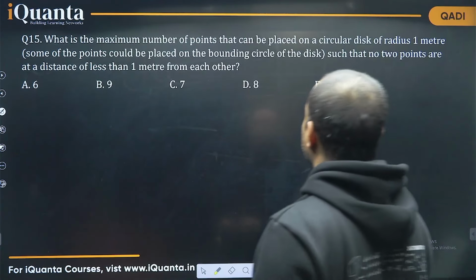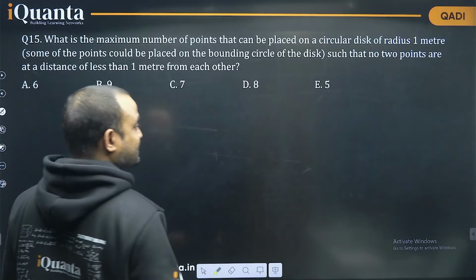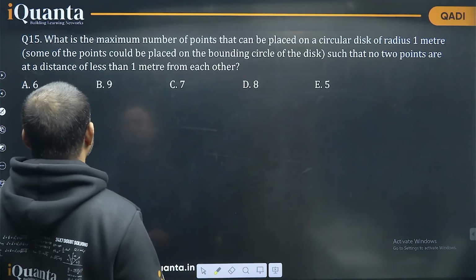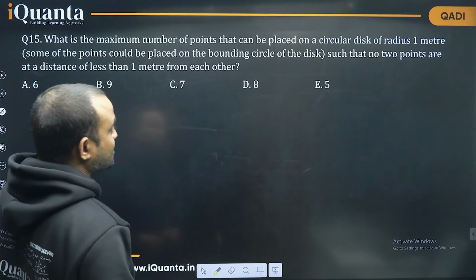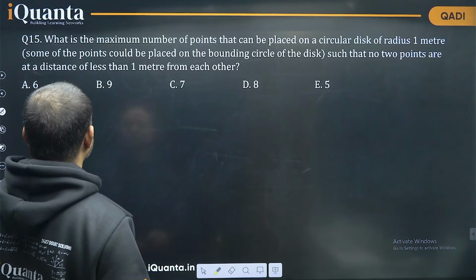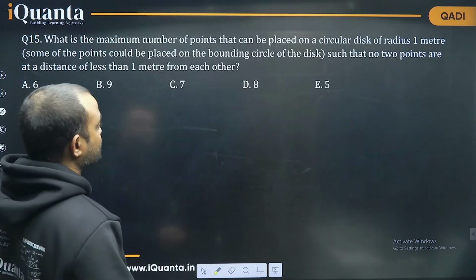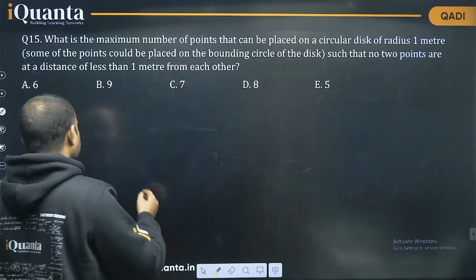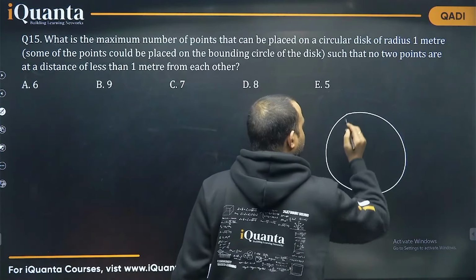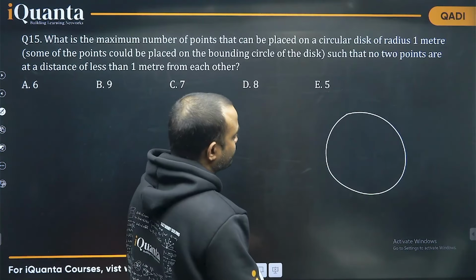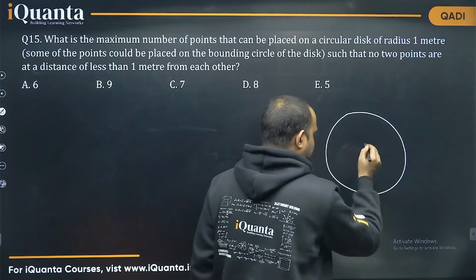What is the maximum number of points that can be placed on a circular disk of radius 1 meter? Some of the points could be placed on the bounding circle of the disk such that no two points are at a distance of less than 1 meter from each other. So radius is 1, and there is a circular disk. We can put these points anywhere on this circular disk. So think about this. This is the center.